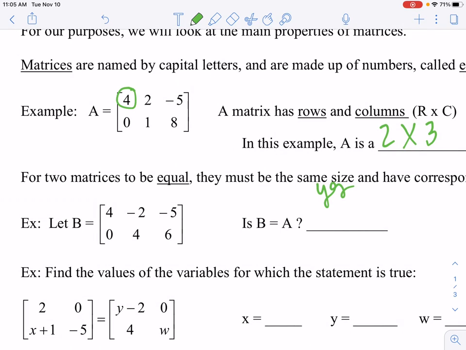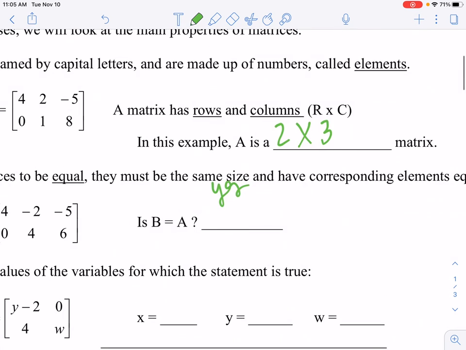Okay, 4 and 4 is the same, but 2 and negative 2 is not the same. Negative 5 and negative 5 are the same. 0 and 0 are the same, but this 4 and 6 are different than this 1 and 8. And so they're similar, but they're not exactly equal to each other. They are the same size, like we said.